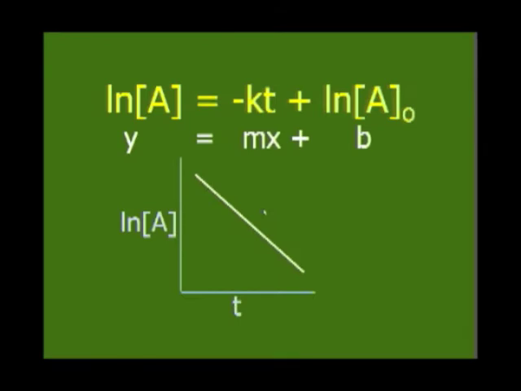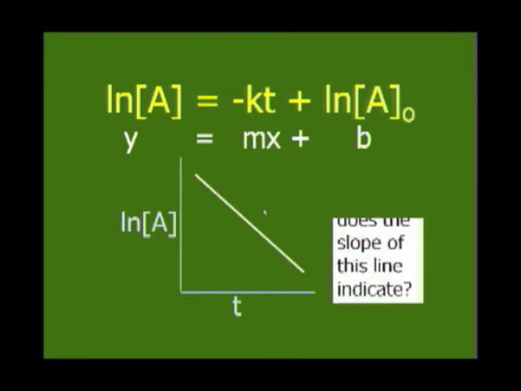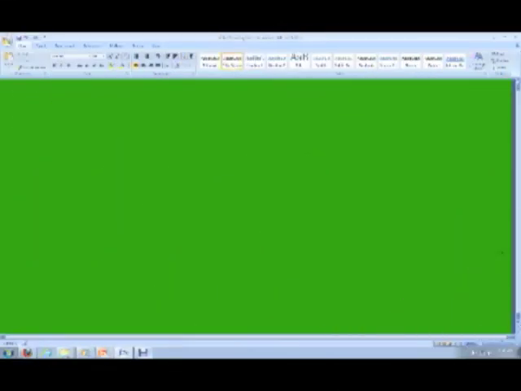We love you, straight line, and more specifically, when data collected about concentration and time reveal a straight line when graphed as natural log of concentration versus time, we know the reaction is first order. Now I can write my first order differential form of a rate law, since the graph of natural log of concentration of A versus time was a straight line.